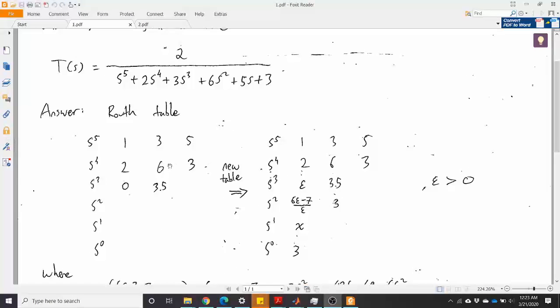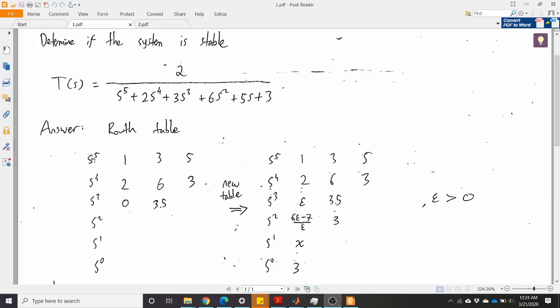So we start by composing the Routh table. First we make the table. So you start by writing s to the 5, s to the 4, and so on in the first or zeroth column. The first row corresponds to the s to the 5.